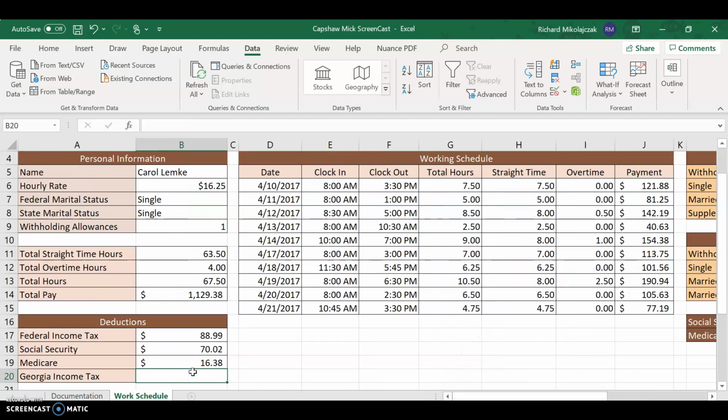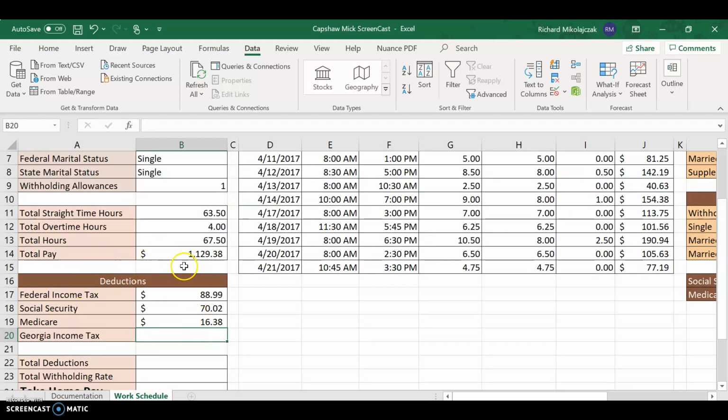Now we're going to be looking at the Georgia income tax. Again, we're going to be doing the same thing we did previously. But we can start right with the pay.